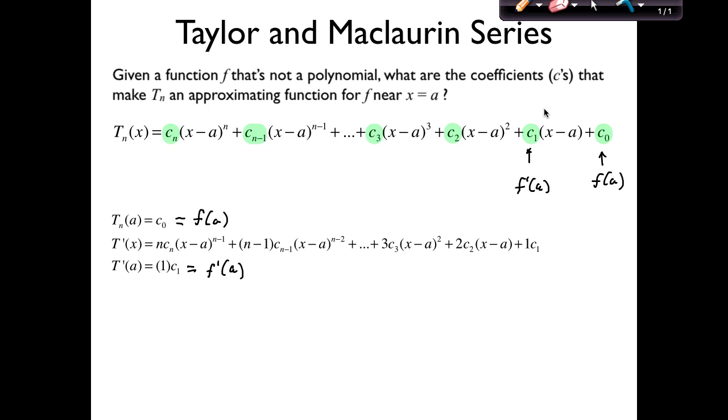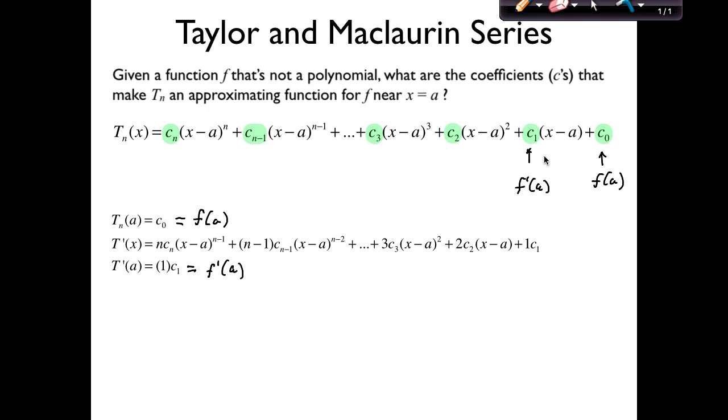So far, if we plug a into our polynomial, we get the function value right because we're assigning the function value to be c, the constant term, and we get the first derivative right because we have assigned the first derivative to be c1.